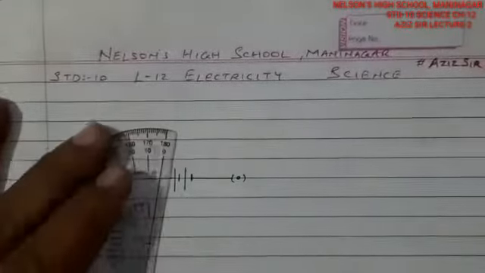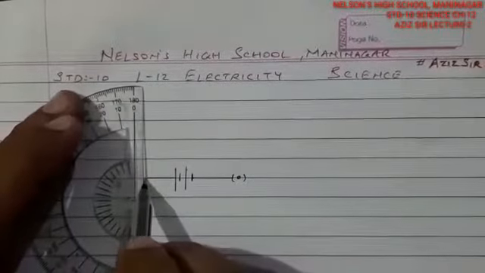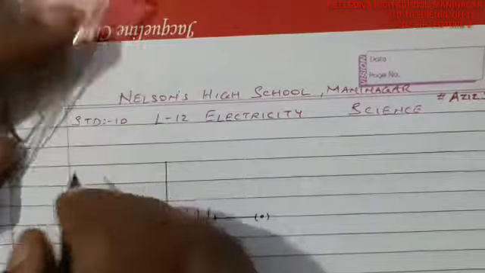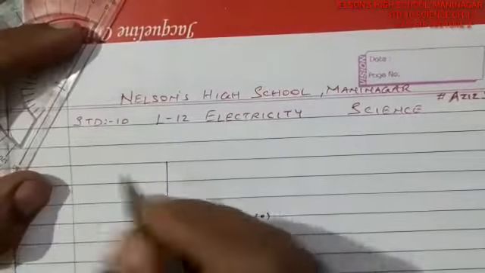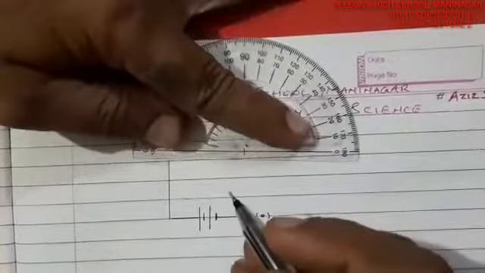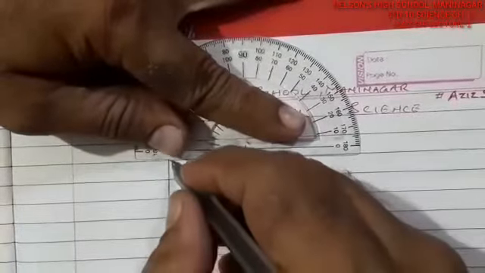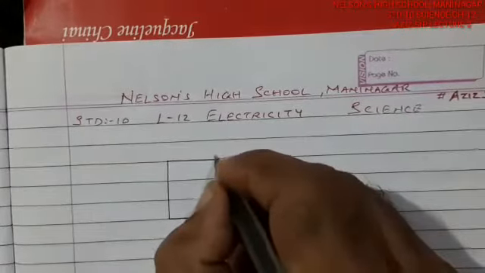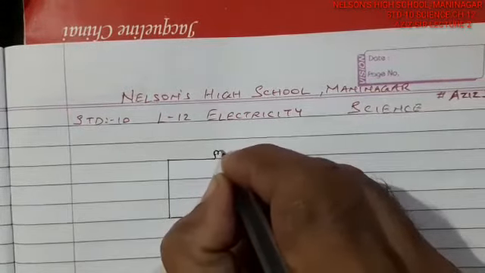this key passes, so you can make the resistance here as a resistance, or you can make it in the form of a bulb.